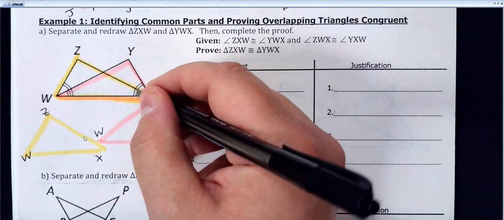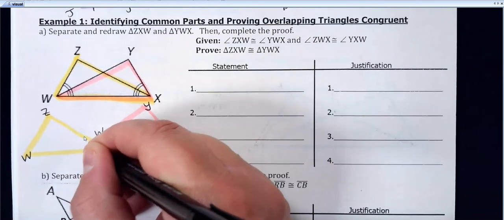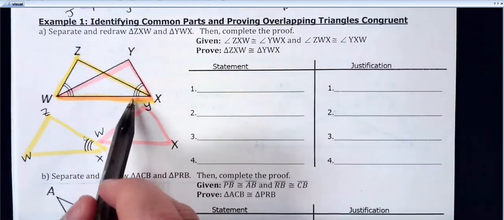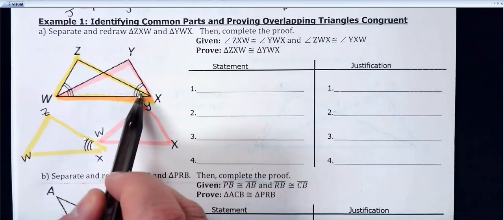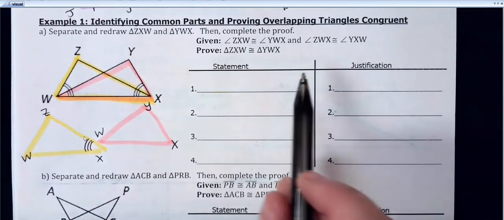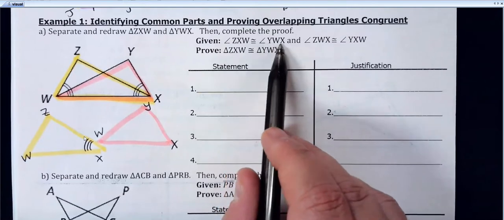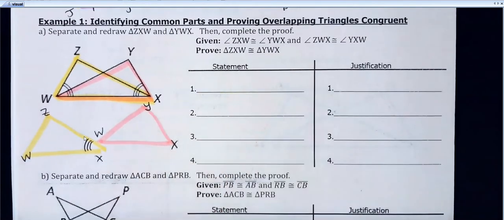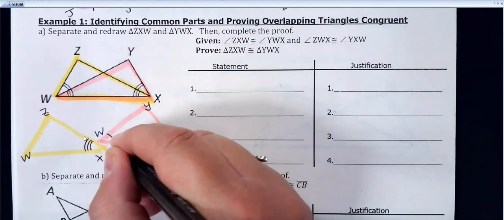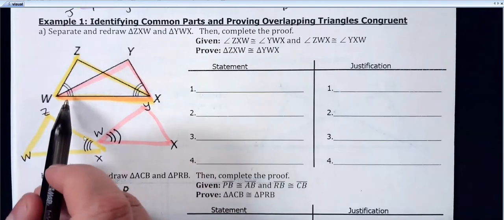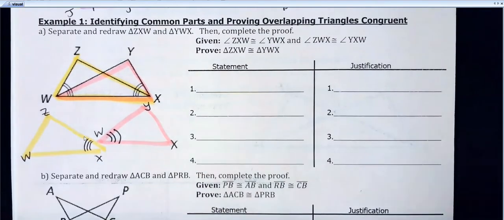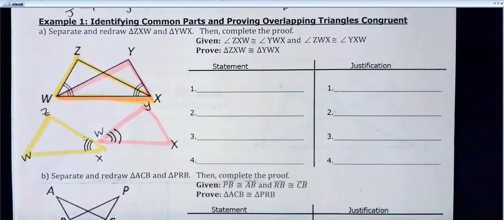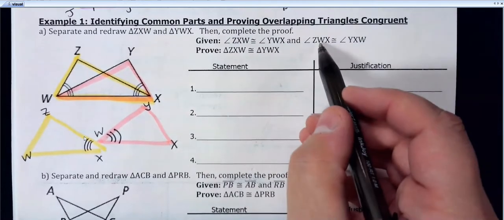But this has a triple mark on the ZXW. It's like right in here in the original picture. And then it says YWX. That would be the one on my paper that's in pink. It would be right here. And I'm just going to put, it has kind of a triple mark in the picture, but it's really confusing, I think, in the original. It also gives you two different angles, ZWX.